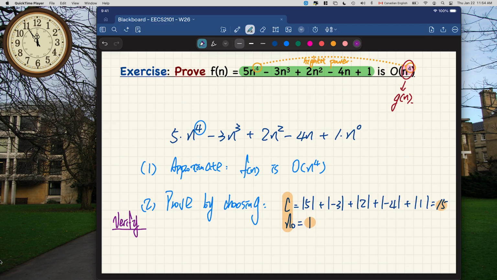First of all, what exactly are we verifying? We want to make sure the upper bound is going to happen at exactly the N0 we have chosen. The upper bound occurs from N0 equals 1. That's what we are trying to verify.